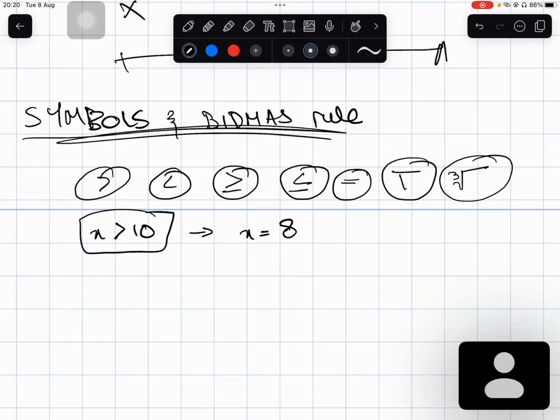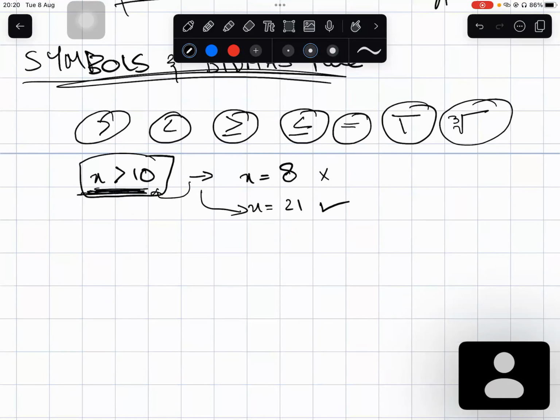No. Why not? Because x is greater than 10. It has to be greater than 10. How about, can x be equal to 21? If x is always going to be greater than 10, can it equal 21? Yes, simple and straight.